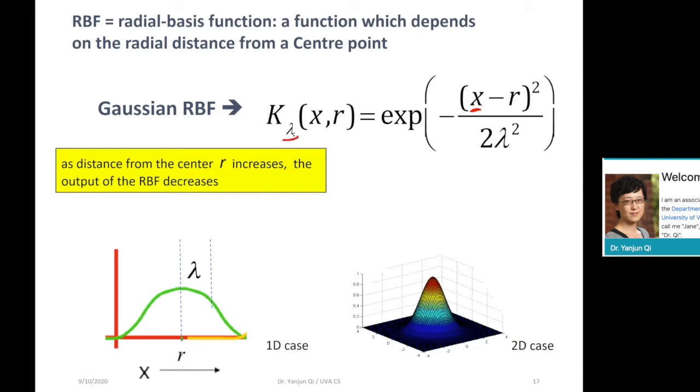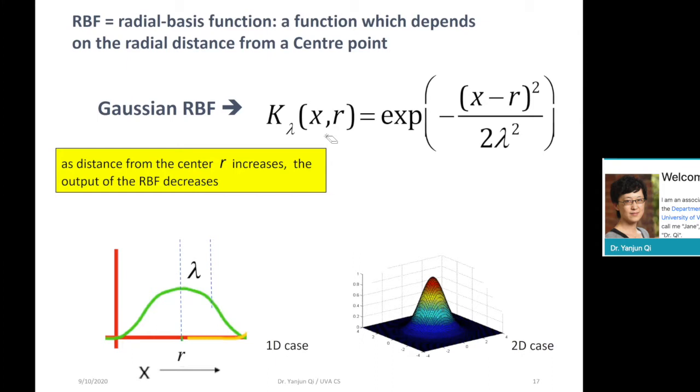One is lambda, which controls the wideness of your bell, and the other is gamma, which controls the center of this bell. The equation is x minus gamma, take a quadratic, and then over 2 lambda quadratic, and then inverse. This is, in fact, just a Gaussian function.